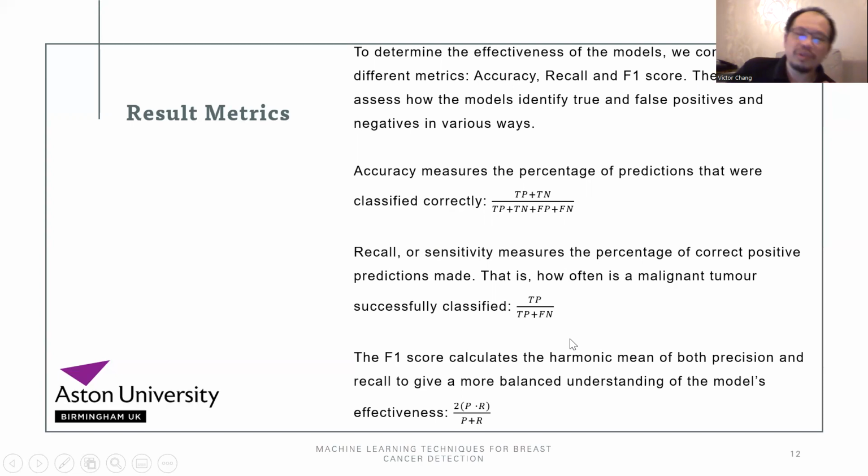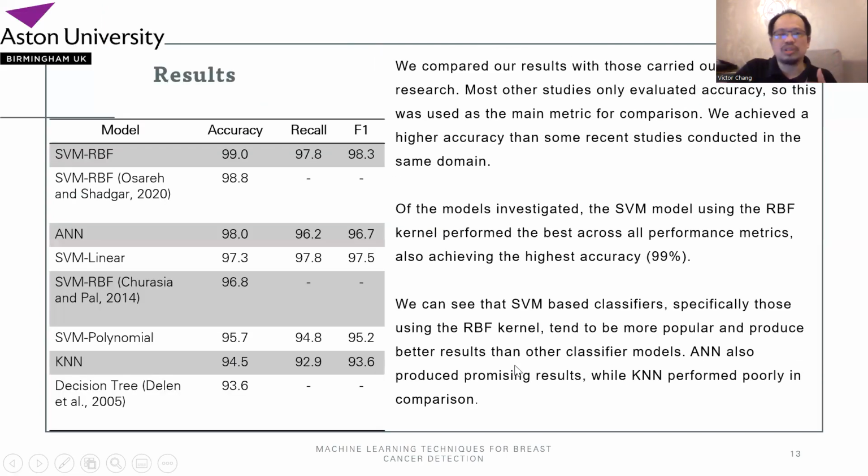This is one thing we have to identify: to focus on the malignant tumor, because by having the focus, it allows us to calculate a more closely related result. The F1 score then calculates the harmonic mean of both precision and recall, to give a balanced understanding of the effectiveness. By going through these details, we can have the results like this.